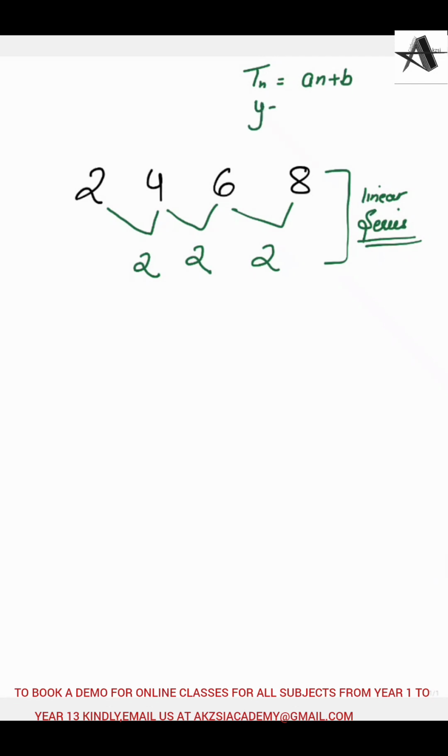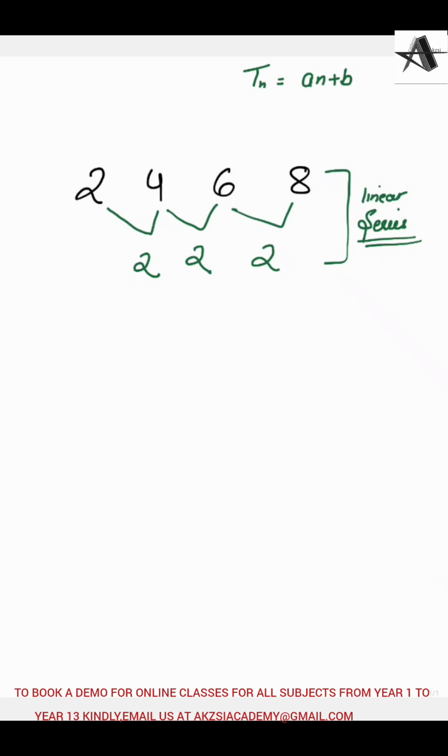It's exactly the same. There m and c were constants, here also a and b are constants. n and t are variables, there y and x are variables. So y and x are replaced by t and n here. This is our standard equation. And now we need to calculate a and b to get our nth term.